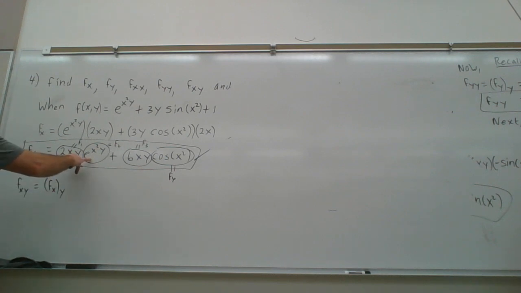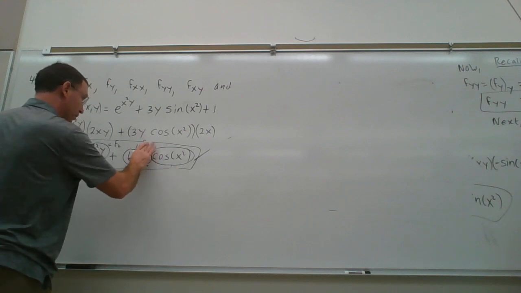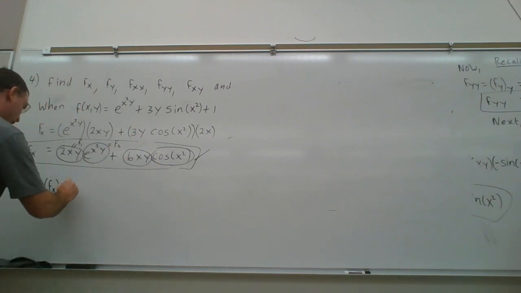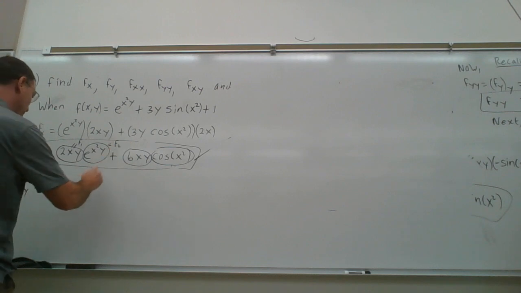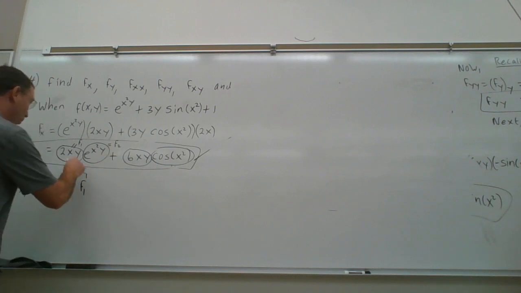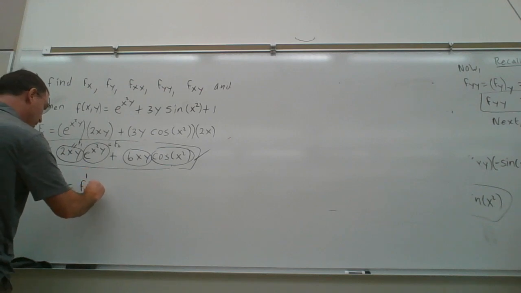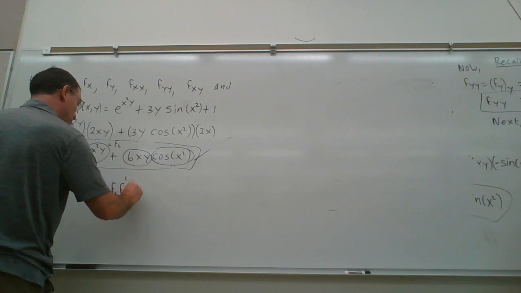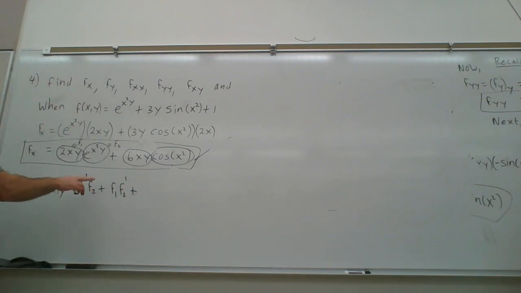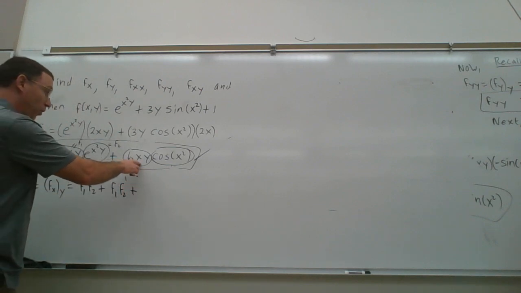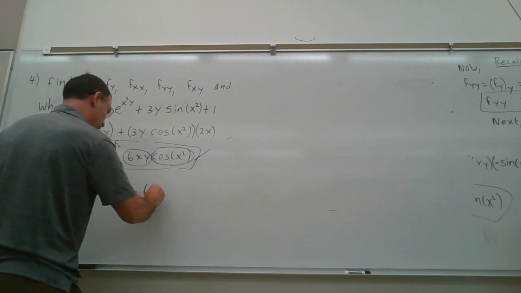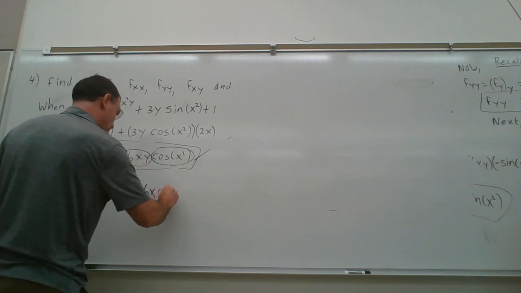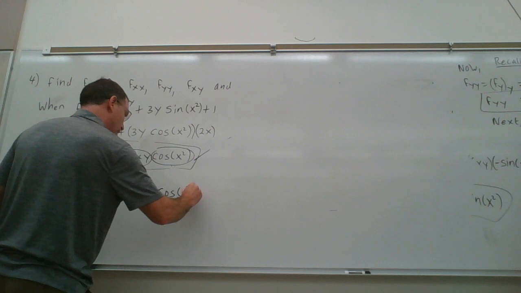So actually it was going to require a product rule there still, but no product rule here. So we can take that away. So it's going to be then f1 prime, here the prime means with respect to y this time. So it'll be f1 prime times f2 plus f1 times f2 prime plus, so derivative of the last guy with respect to y would just be 6x times cosine of x squared.